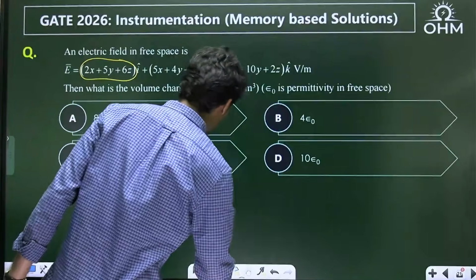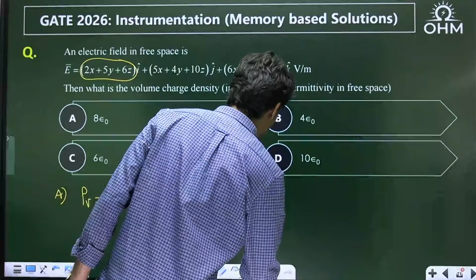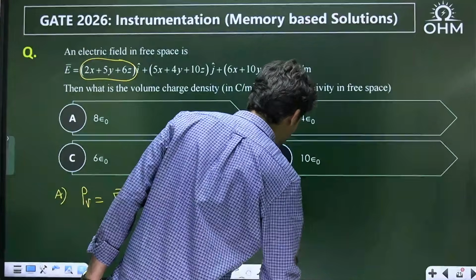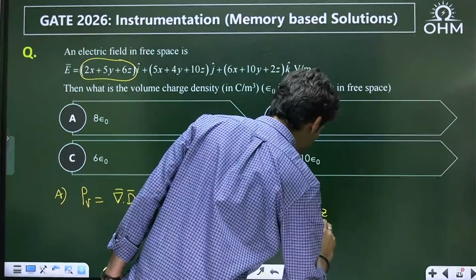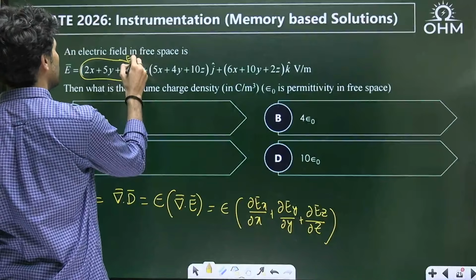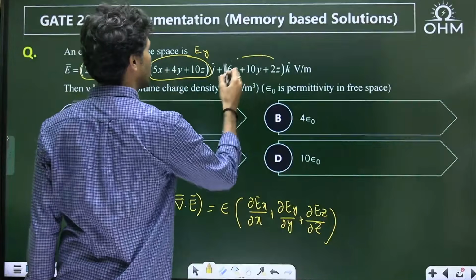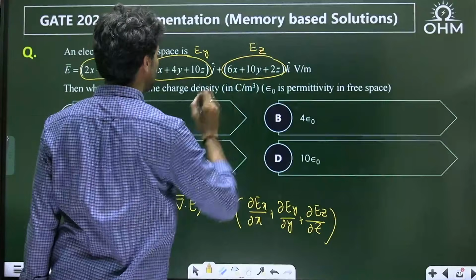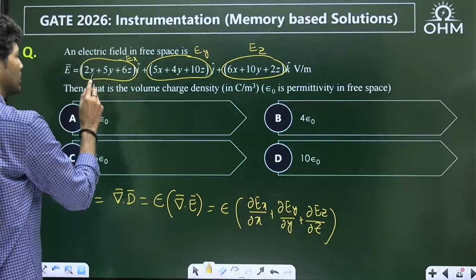When you take divergence of this, what do we get? In rectangular coordinate system, the formula for divergence is given by dou Ex by dou x, plus dou Ey by dou y, plus dou Ez by dou z. Okay. So who is this? This is Ex, and the coefficient of y cap is Ey. The coefficient of z cap is nothing but Ez. Okay. So if you differentiate Ex with respect to x, the y and z terms are gone.